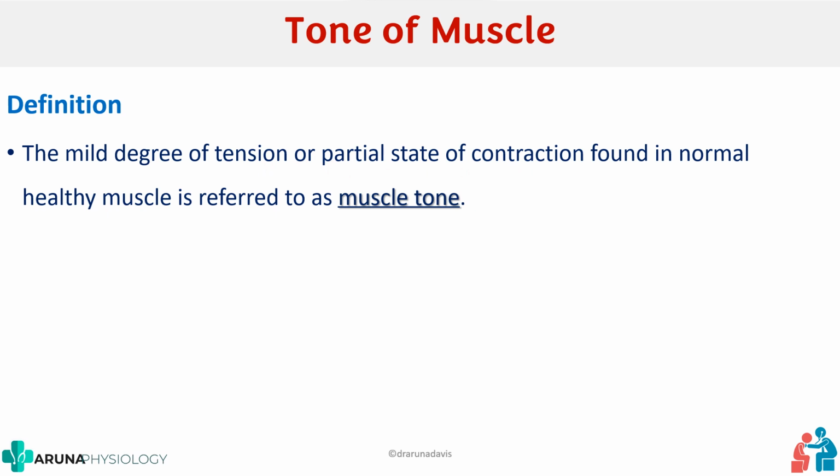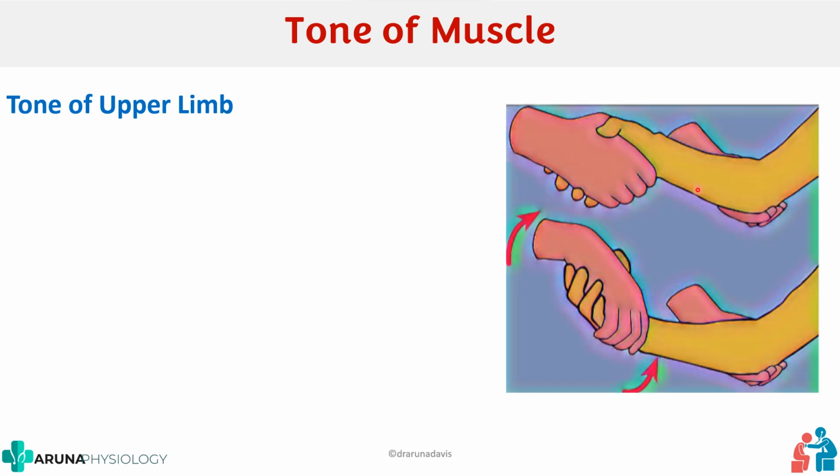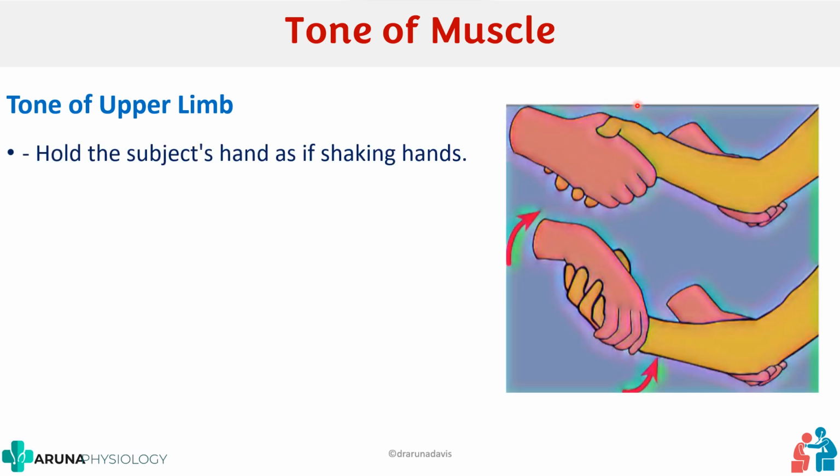Now how do you check for tone in the upper limb and lower limb? To check for tone in the upper limb, what you can do is this movement. You can first hold the subject's hand as if shaking hands like this, and use the other hand to support the elbow like this, as shown in the figure.